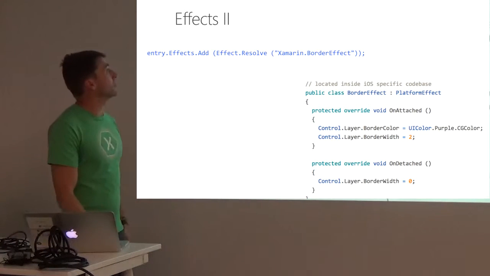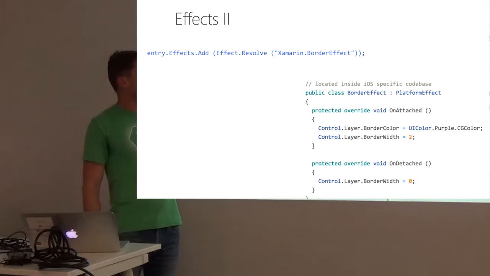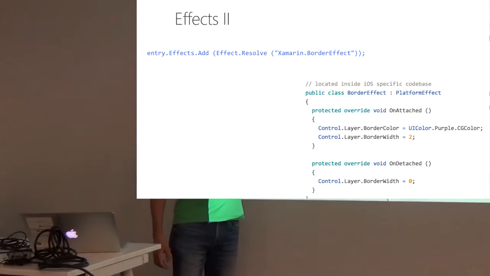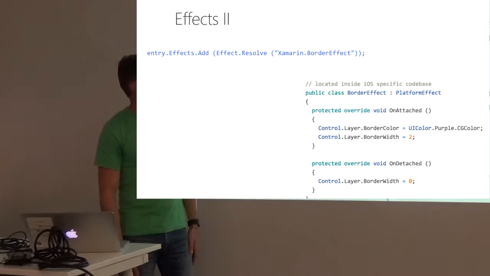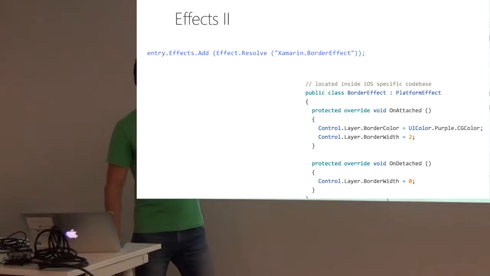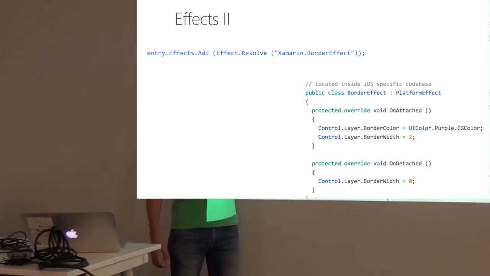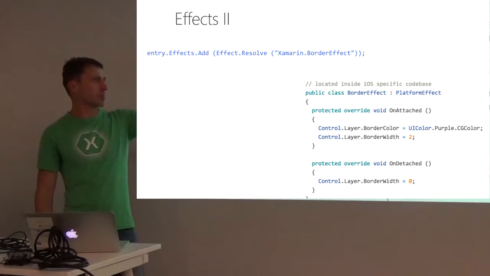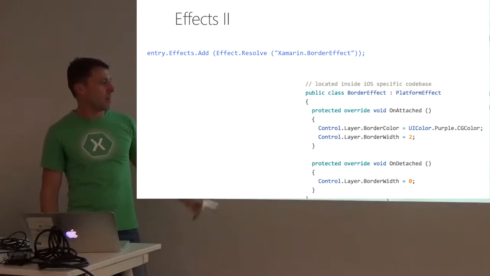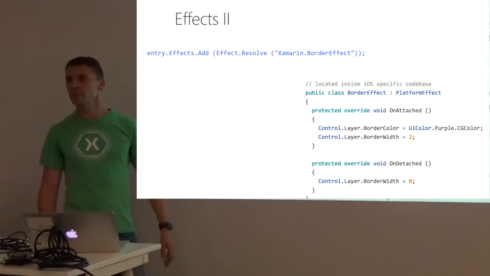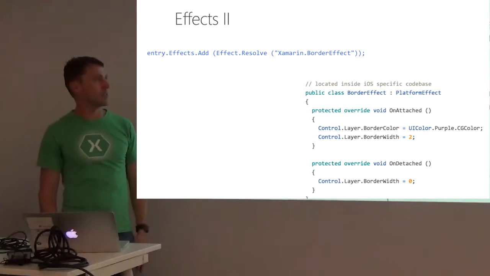So here's a really simple implementation of one. So BorderEffect inherits from PlatformEffect. This is an iOS specific effect. So basically what I'm doing is saying the control will have a layer property, and when I'm doing this in the iOS project, that stuff will autocomplete. So I'm setting the purple color and the border width, and then on detached, undoing what I was doing on attached, so that if the effect turns on and off, it resets it back to normal.